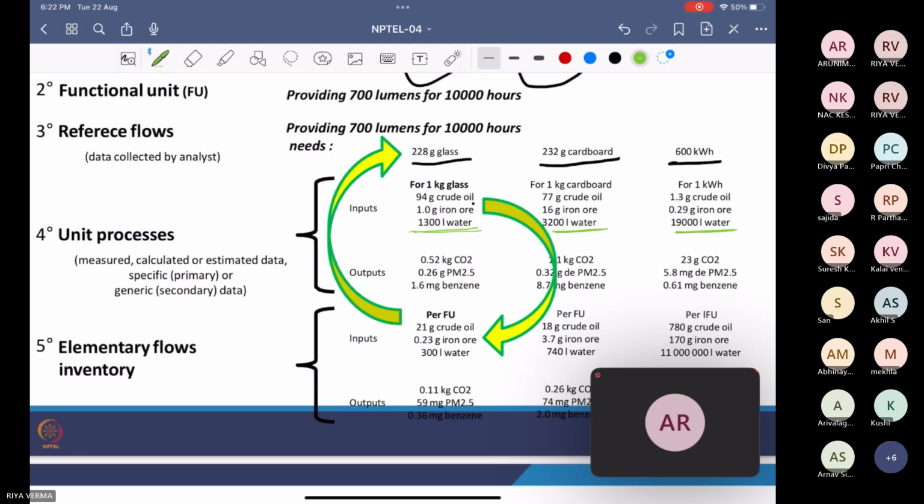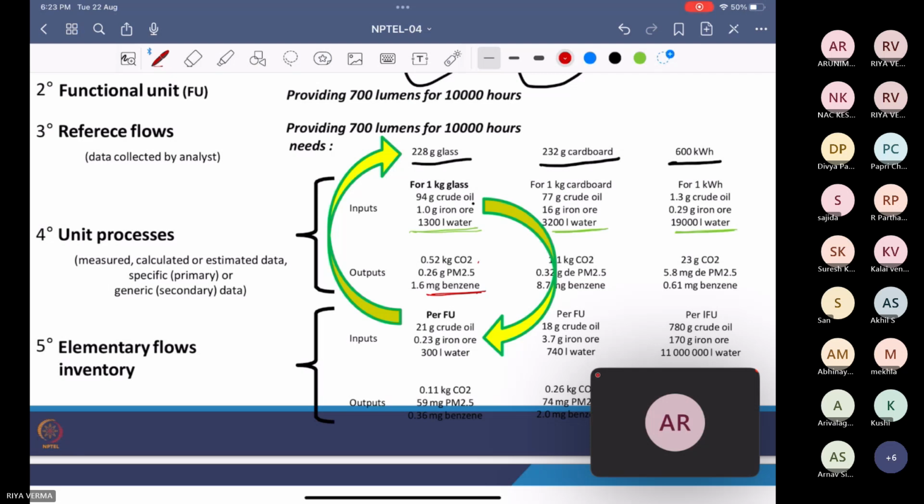Now coming towards the outputs. What are all the outputs that are being created? First up, we have 0.52 kg of CO2, then 0.26 gram of PM2.5, 1.6 milligram of benzene. So these are the outputs during the formation of 1 kg of glass.